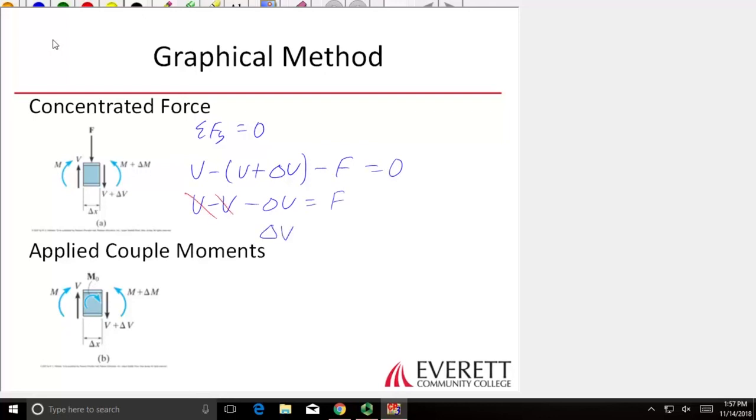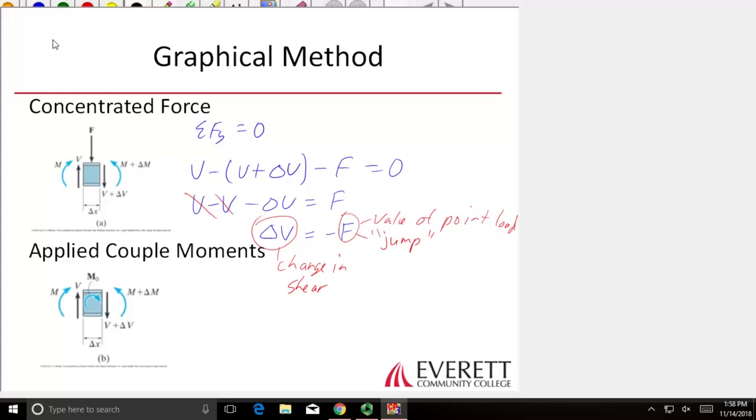Change in shear equals negative F. What that's telling us is that at a point load, the change in shear equals the value of the point load. So this is a jump, in other words, a discontinuity in our plot that is equal to the value of that point load.